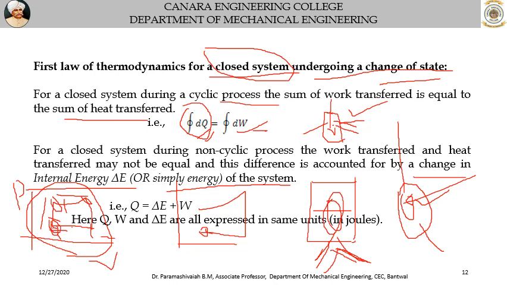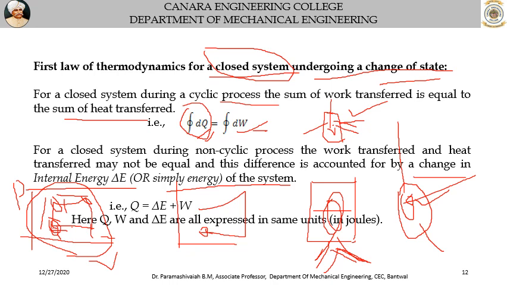That means whenever there is a change in the state of the system, there will be a change in the internal energy of the system. Suppose we heat it, its energy increases. When we cool it, energy is lost.